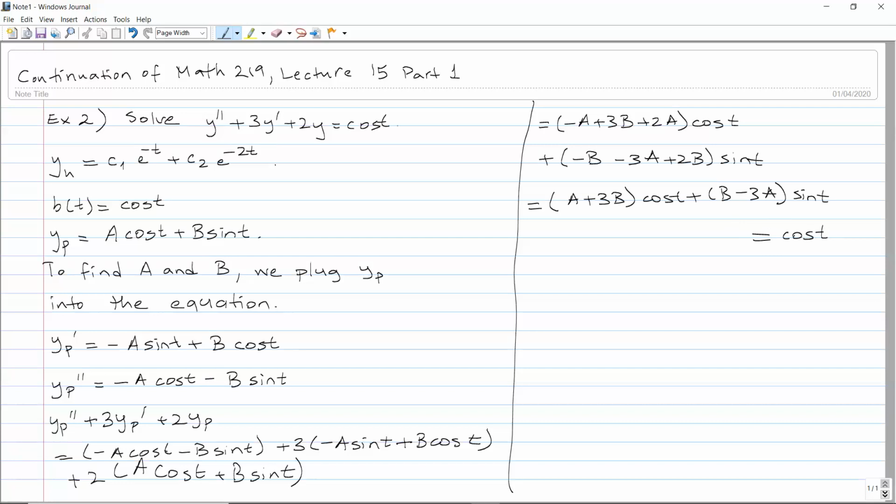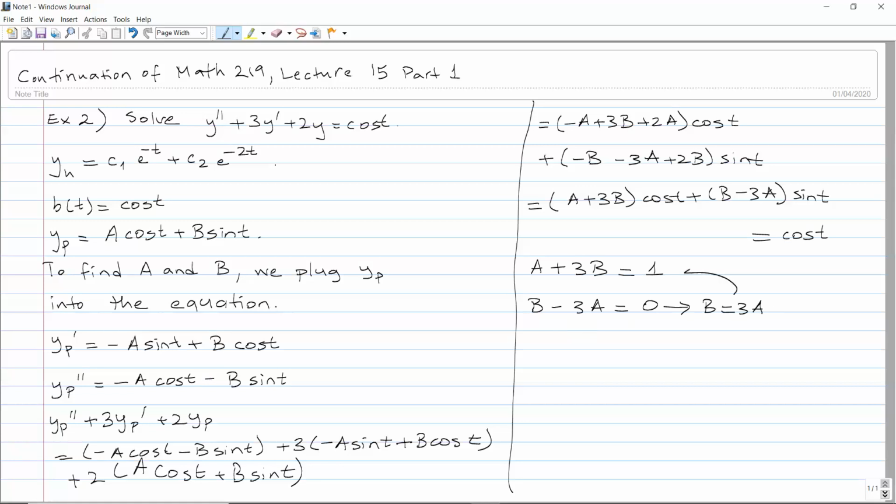That means the coefficient a + 3b should be equal to 1, and the coefficient b - 3a should be equal to 0, because there is no term with sine t on the right side. So we need to solve this system of equations to find a and b. From the second equation, I have b equals 3a.